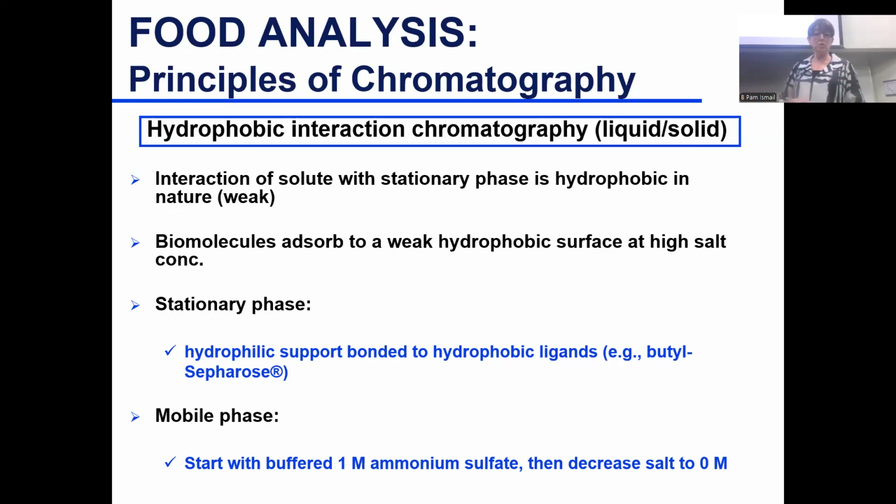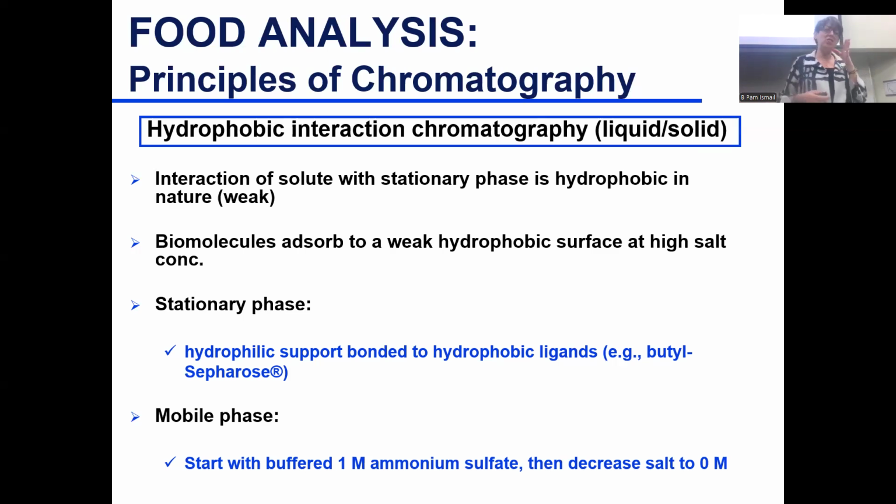So a very common stationary phase is a hydrophilic support that is bonded to a hydrophobic ligand. Butyl Sepharose is a very common stationary phase used, where mostly proteins are what you are separating in this type of chromatography. They interact via weak hydrophobic interaction.